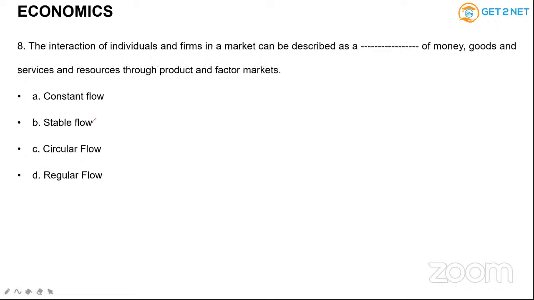Okay, so the interaction of individuals and firms in a market can be described as a dash of money, goods and services and resources through product and factor markets. What is it known as, which flow?